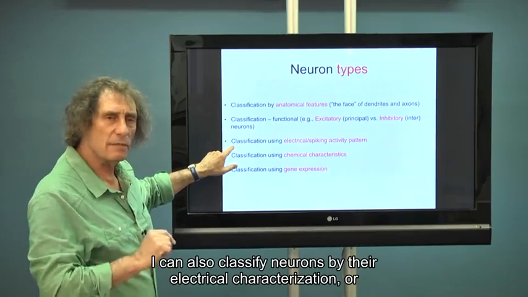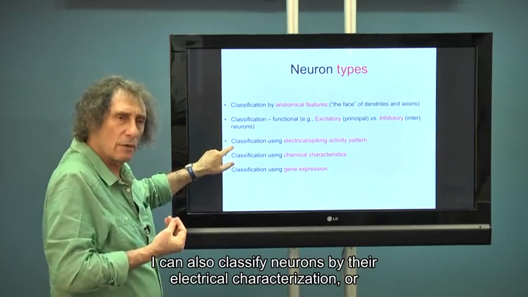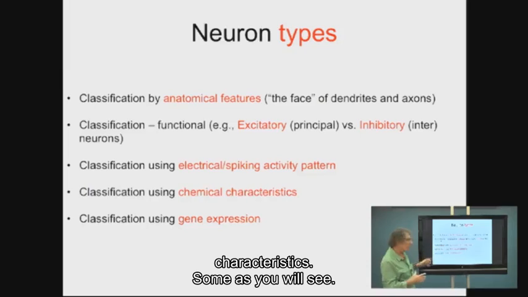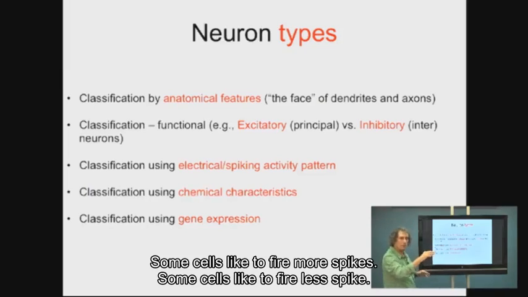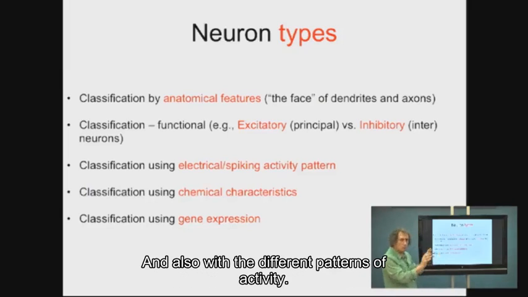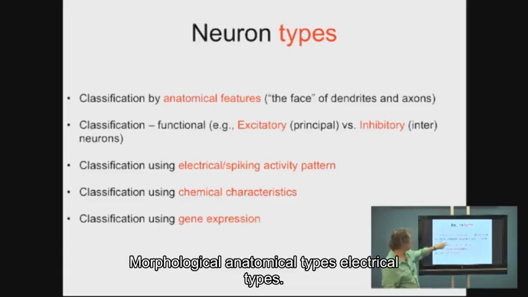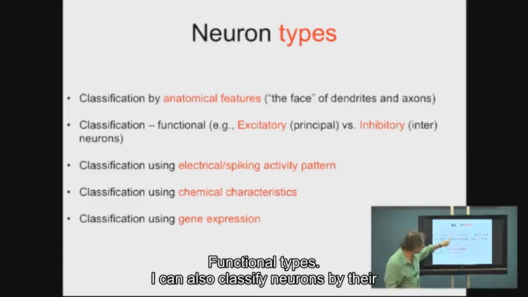I can also classify neurons by the electrical characteristics. Some, as you will see, some cells like to fire more spikes, some cells like to fire fewer spikes, and also with different patterns of activity. So you can classify neurons by electrical types, morphological or anatomical types, functional types.